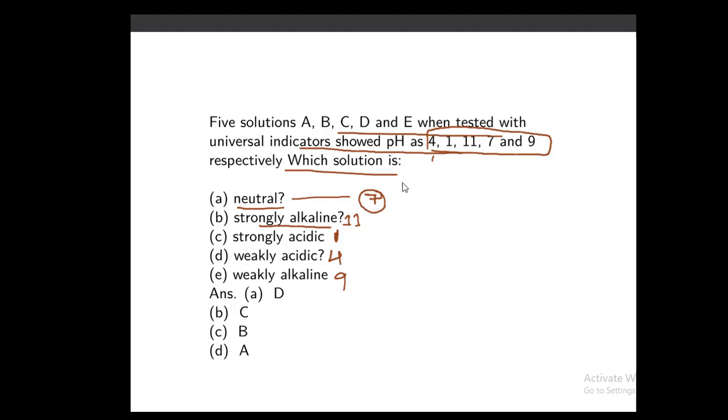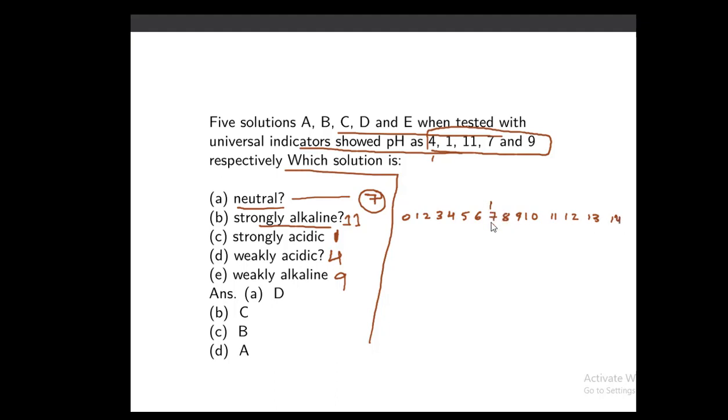If you don't know how to calculate the acidity or basicity of a solution or a substance, just go through the table: 0, 1, 2, 3, 4, 5, 6, 7, 8, 9, 10, 11, 12, 13 and 14.